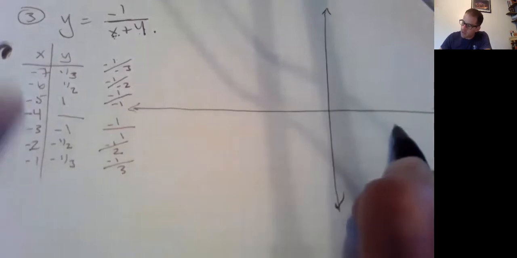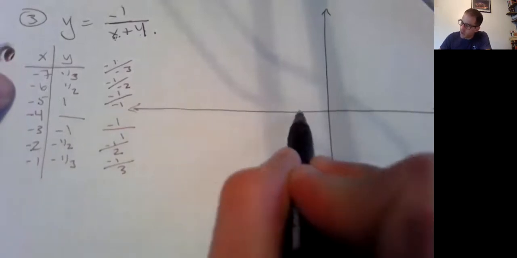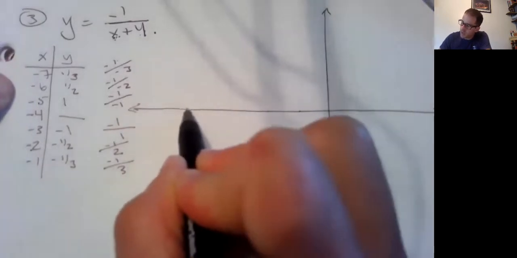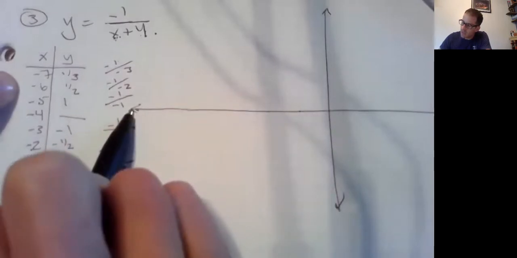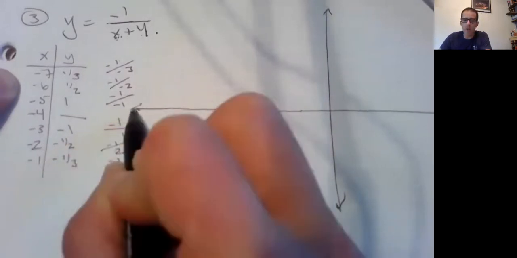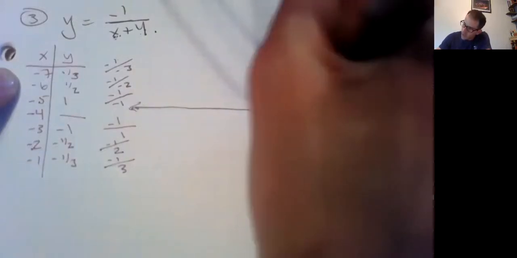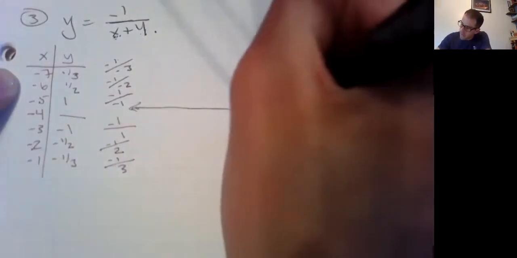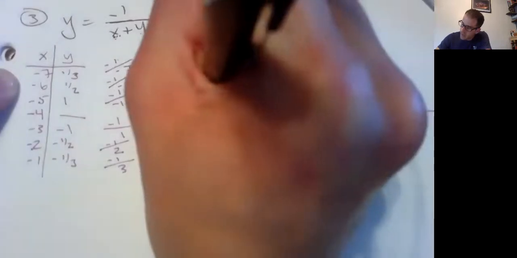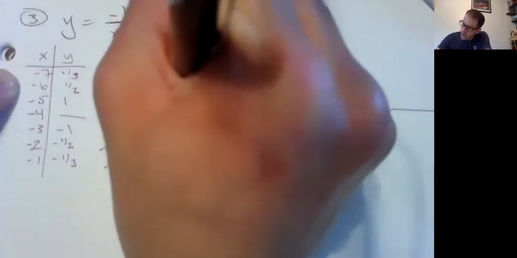Let's see if I have enough space to space it out by 2's. -1, -2, -3, -4, -5, -6, -7. I'm going to do that just so that we don't smush it together. I apologize. -1, -2, -3, -4, -5, -6. I'm going to extend that a little bit. -7.